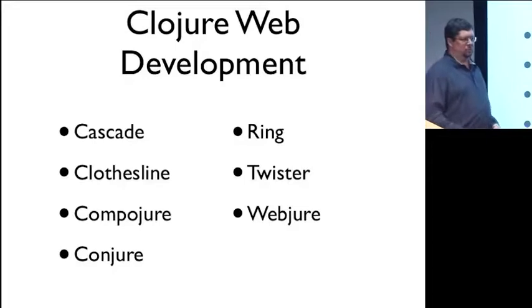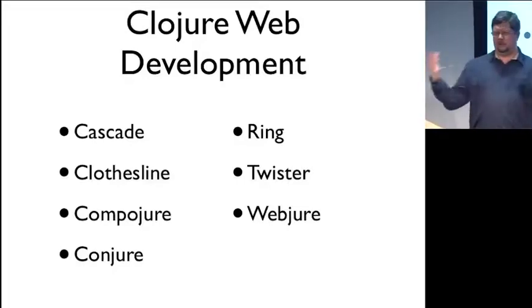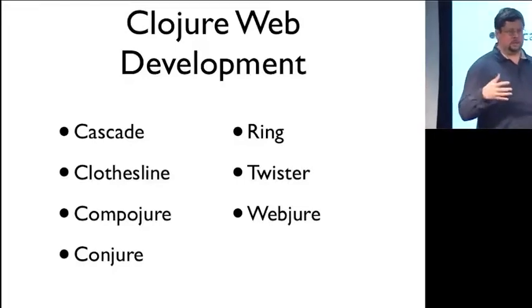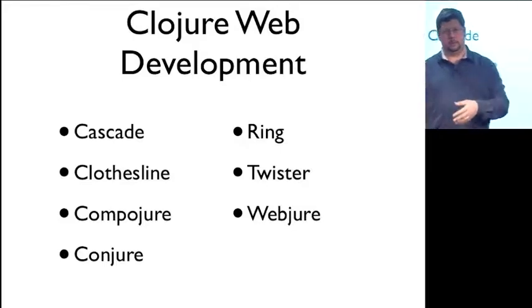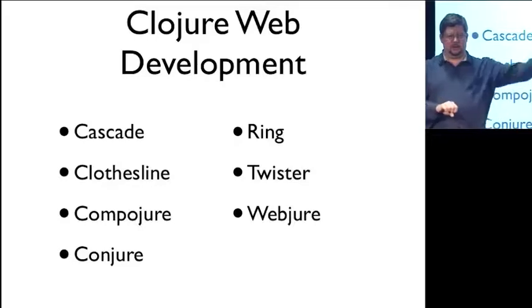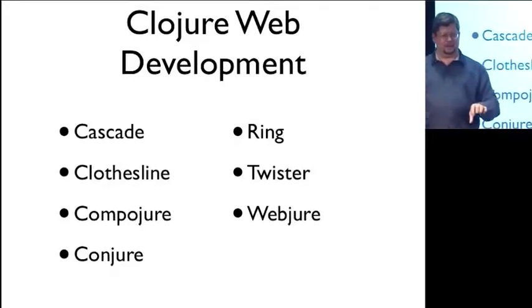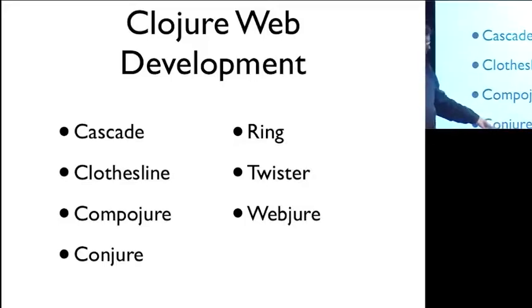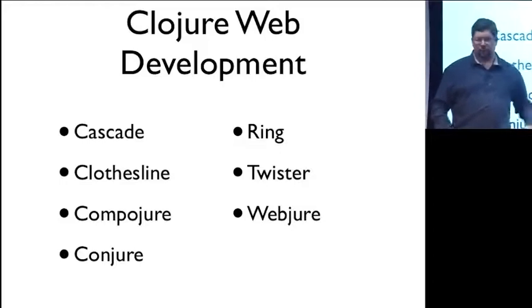Composure started out as more or less a full stack framework inspired by the Rails way of doing things, but it's gradually been pulled apart and different pieces of it calved off into their own little modules, and now Composure is really just a thin layer on top of Ring.